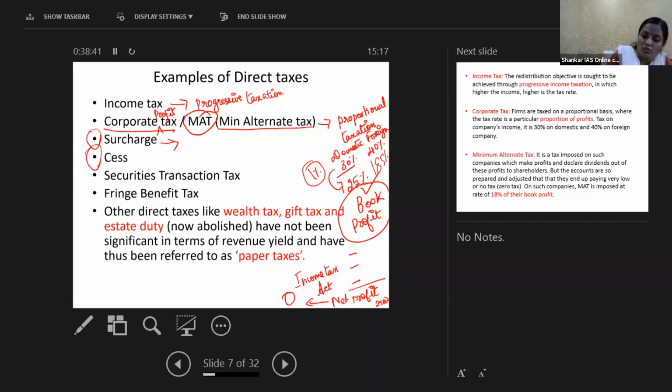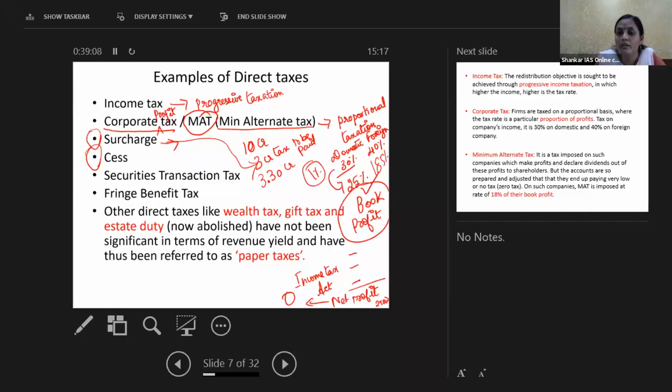Right? So we have said that a company is earning 10 crore and 3 crore is the tax to be paid, and the surcharge will be levied upon this 3 crore and it will become 3 crores and 30 lakhs. 3.3 crores will be paid as the profit taxation instead of the 3 crores.